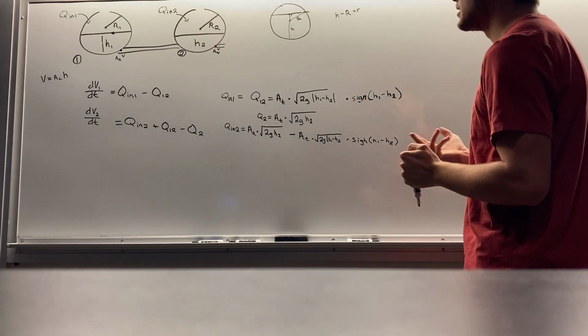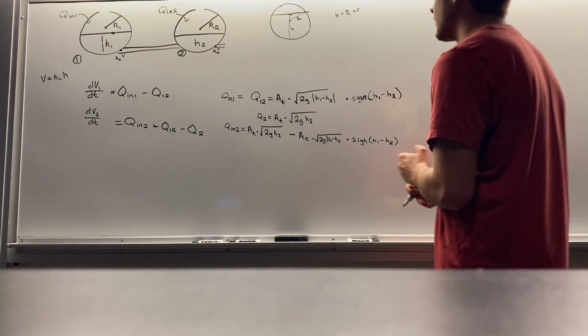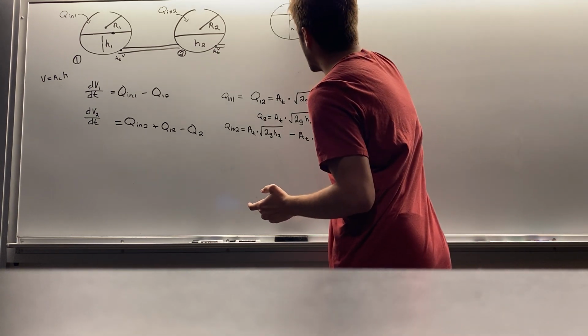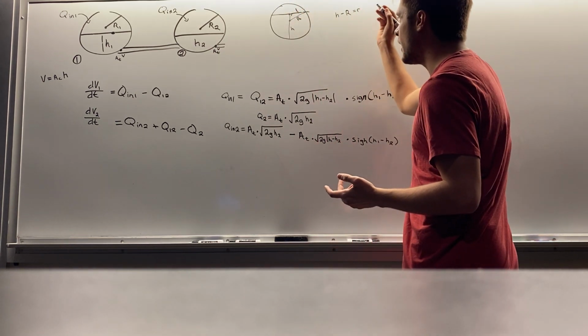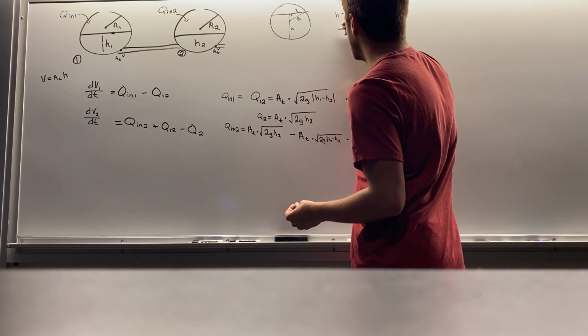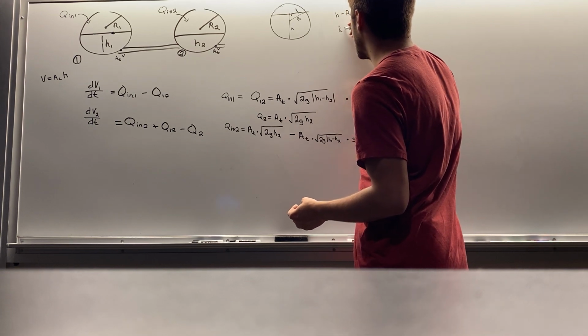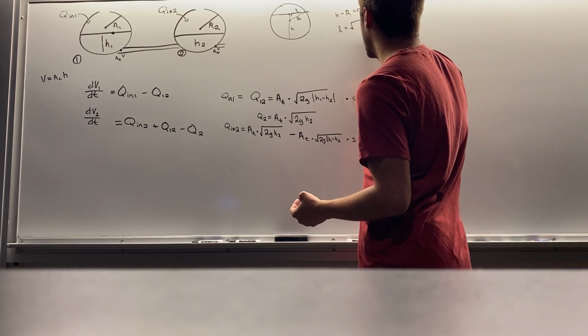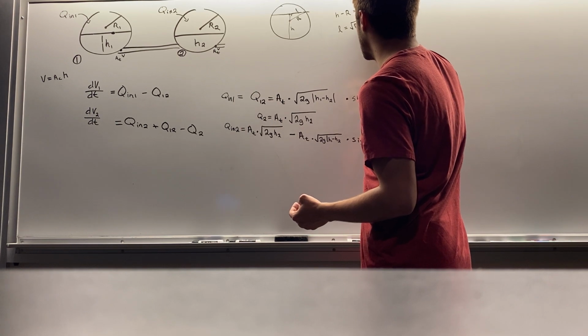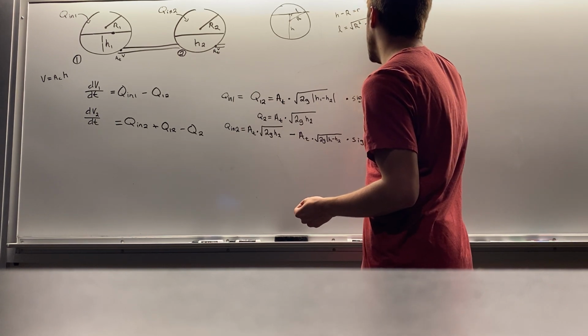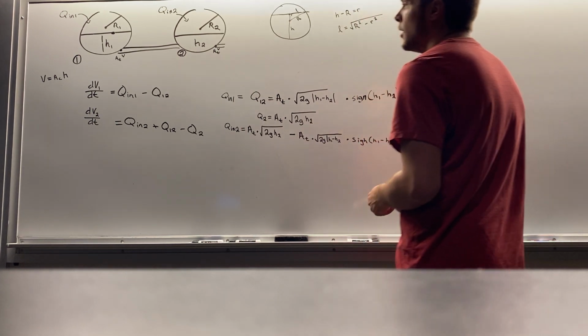Well then, just using Pythagorean's theorem, we can find our length here of L. So L is going to equal the square root of the radius squared minus our radial position squared.